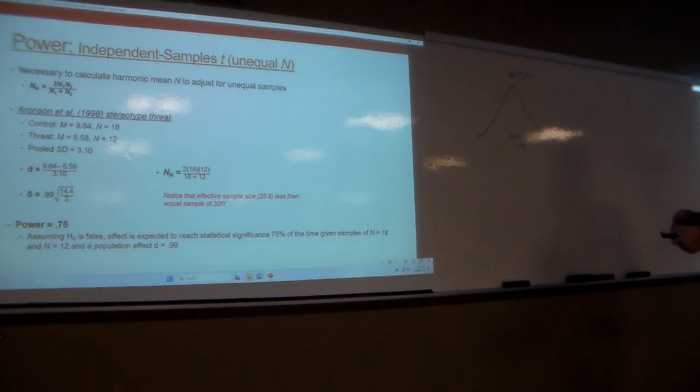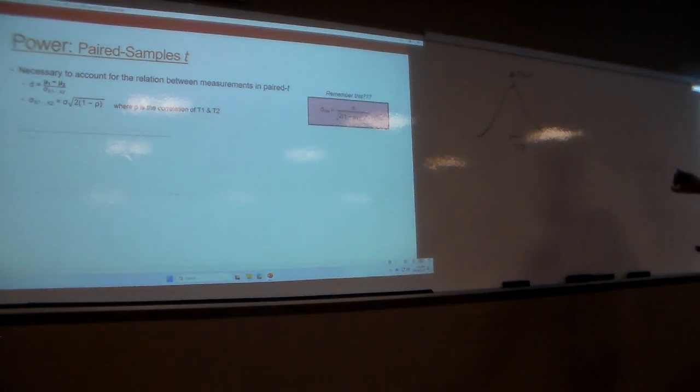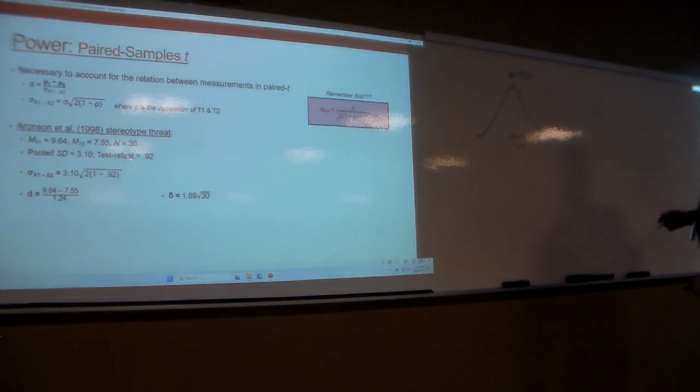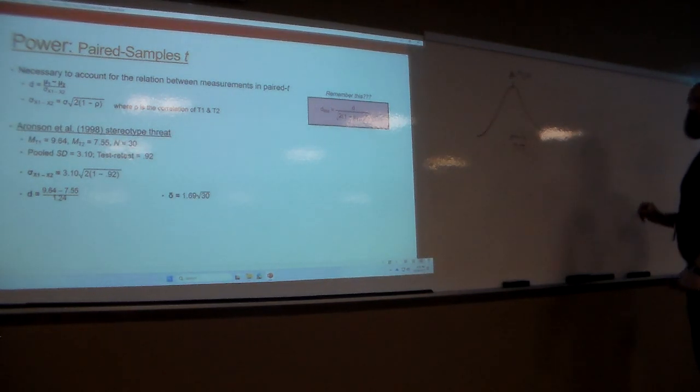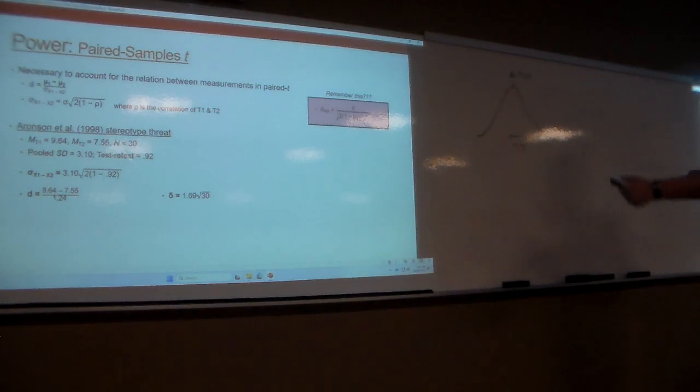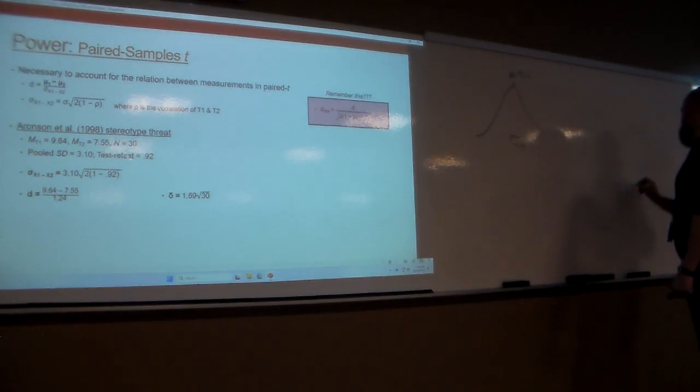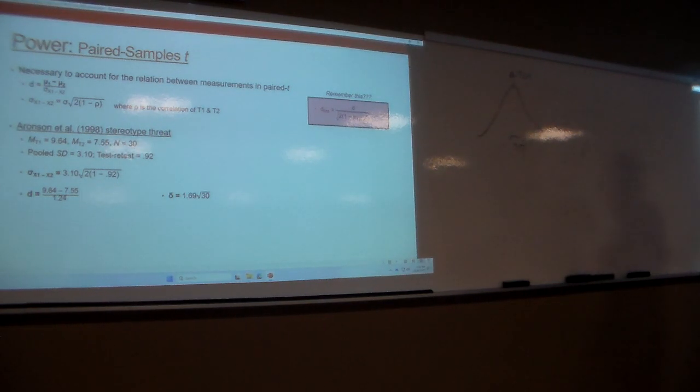In the second scenario, again, we're saying the same stereotype threat thing, right? But what is the difference here, the change, 7.55 minus 9.64? Negative 2.08.